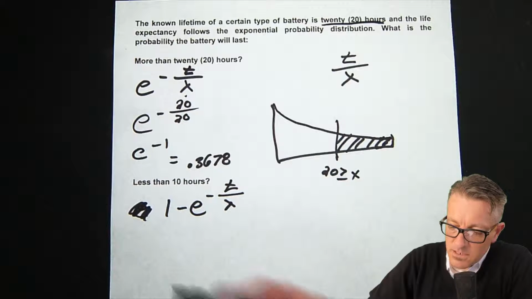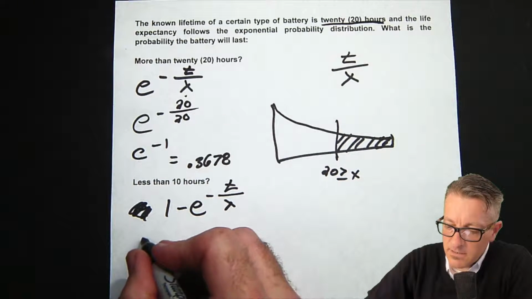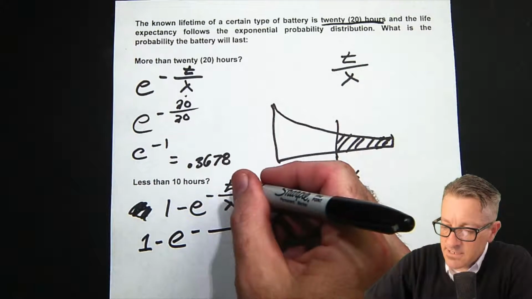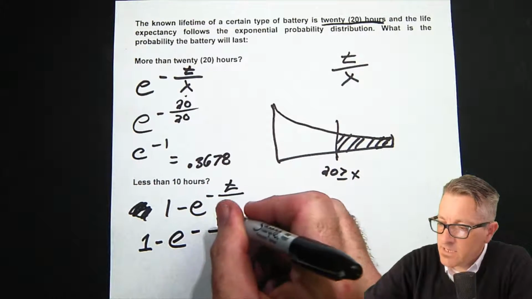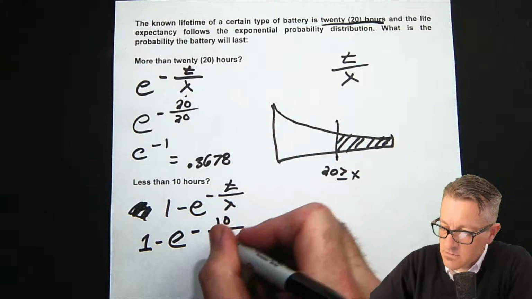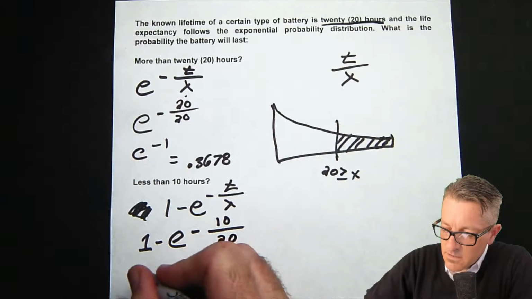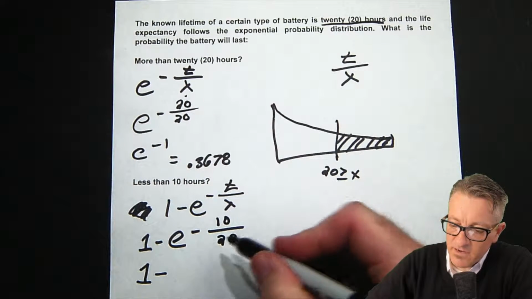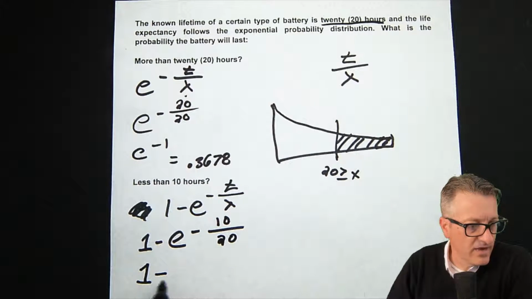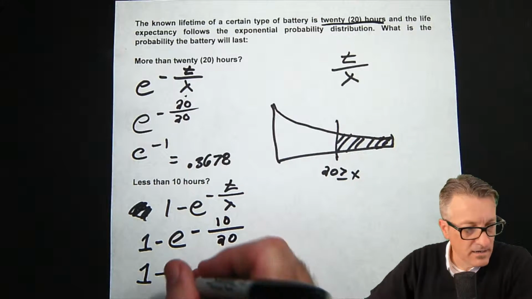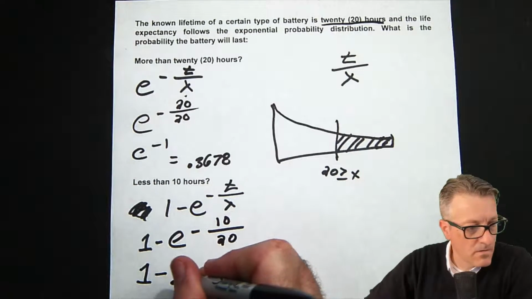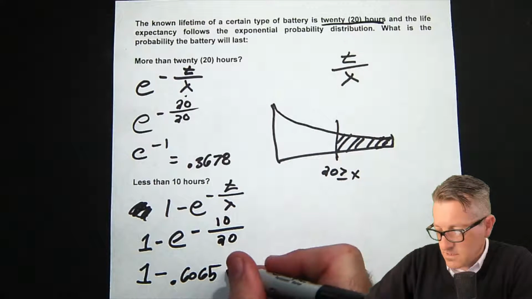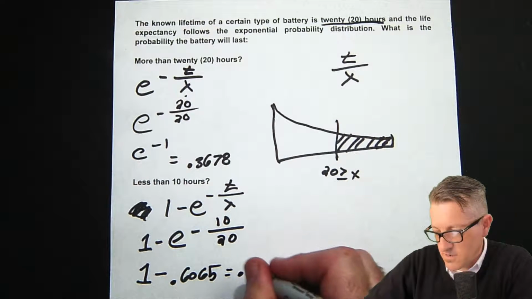So what we do is 1 minus e, and we put in the numbers. Our t is 10, and our lambda is 20 still. That gives us 10 over 20, which is 0.5, and I'm going to jump down to the value. When you calculate this part, the value is 0.6065, and that gives us 0.3935.